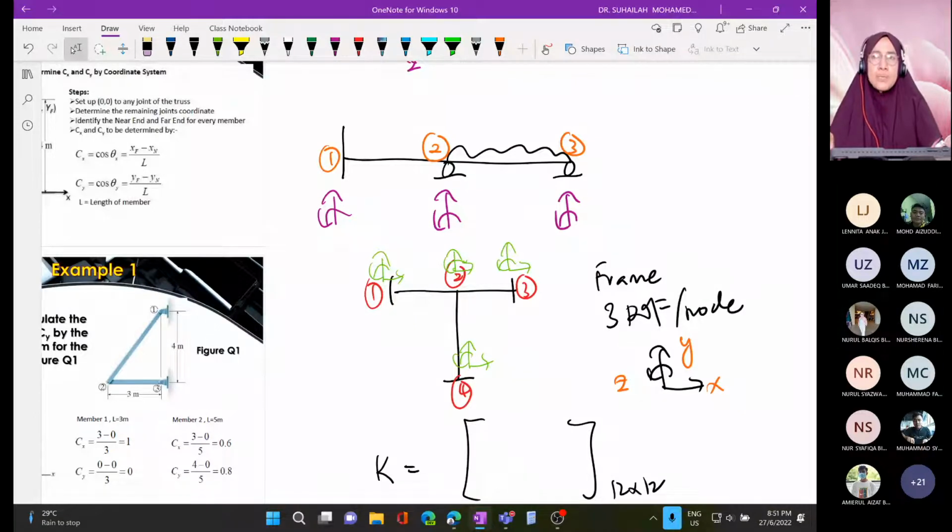Which we cannot get from the previous topic, the flexibility method. Because using the flexibility method, we only calculate reactions at the support. We cannot get displacement directly.